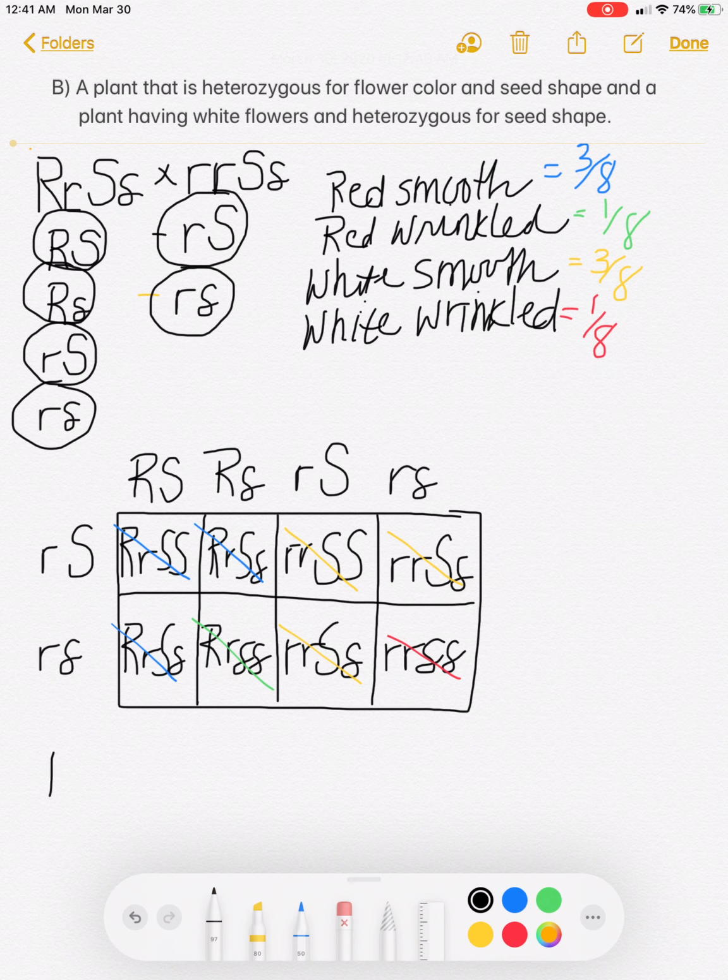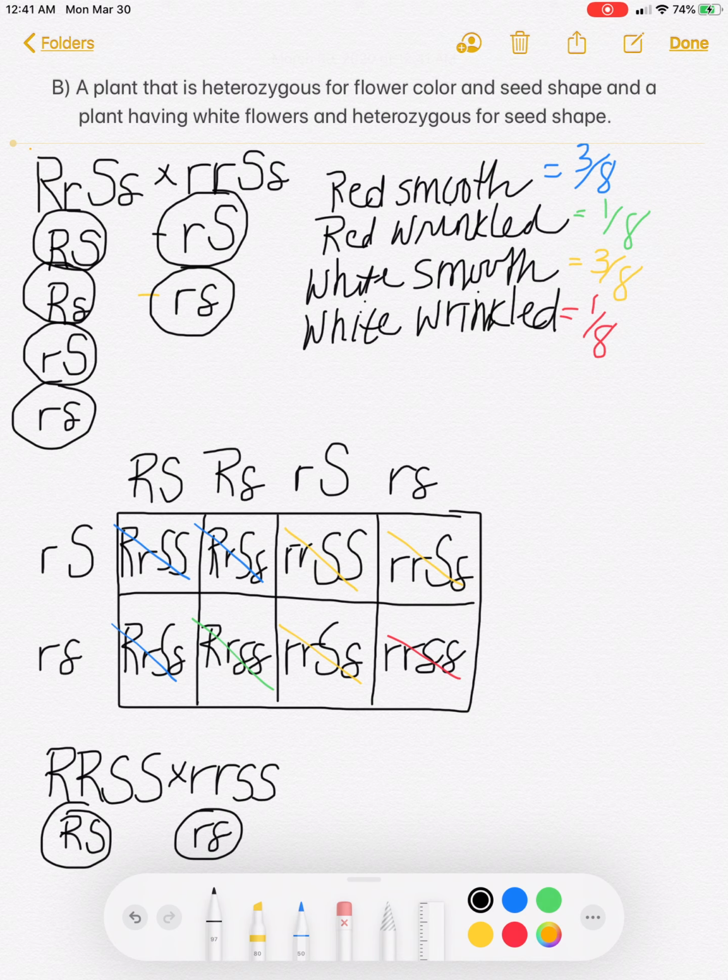If I wanted to cross this together, completely homozygous dominant times homozygous recessive for both genes, what I would essentially have is this and that.